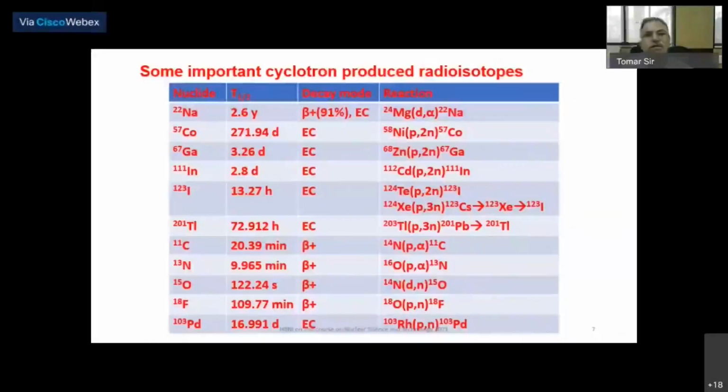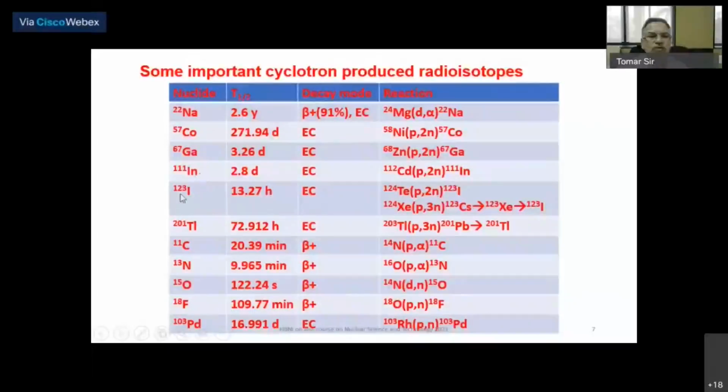Some of the important radioisotopes which are produced in cyclotrons are sodium-22. You have cobalt-57. They are not necessarily in medicine. They are useful in many other areas also. Like cobalt-57 is a Mossbauer source. It decays to iron-57, and if you want to do structural investigations on iron, you can use a cobalt-57 source.